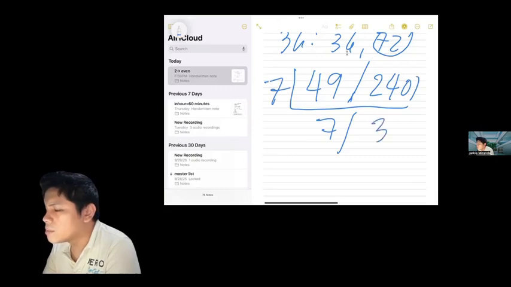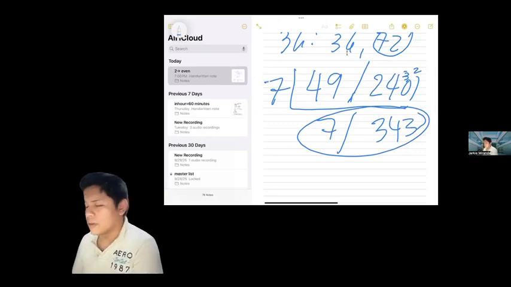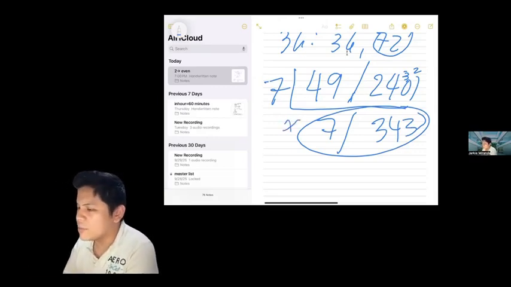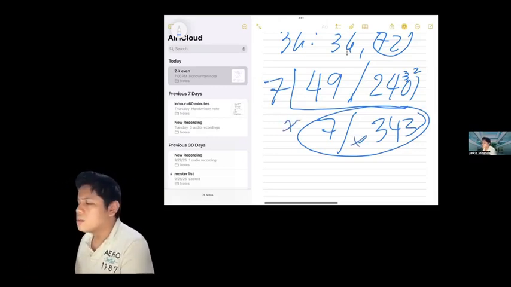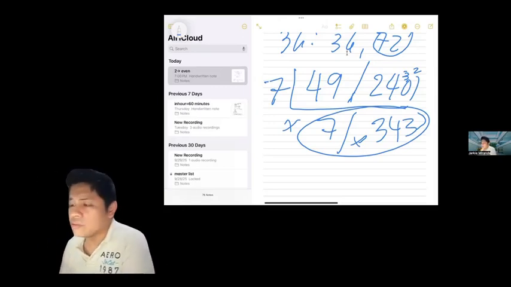Then 3 times 7 is 21, carry 3, and 4, this is 28. 21 divided by 7 is 3. So the final answer is 7 over 343. If you're going to get the LCD, just multiply 7 times 7 and 7 times 343. That I will not determine anymore because that is a very huge number.